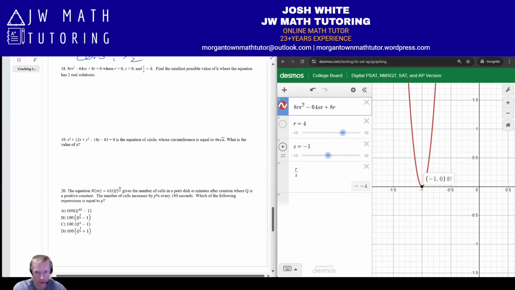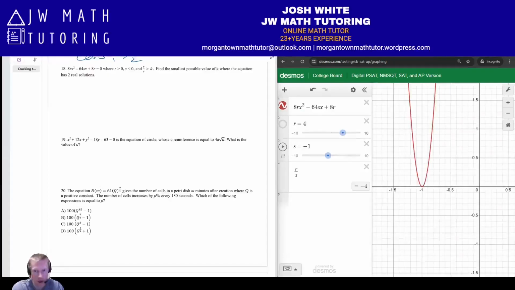So notice when r is 4, r over s is -4. Okay, so notice now I've found a value such that there is one real solution, but we want this k value to be as small as possible, where it actually has two real solutions.